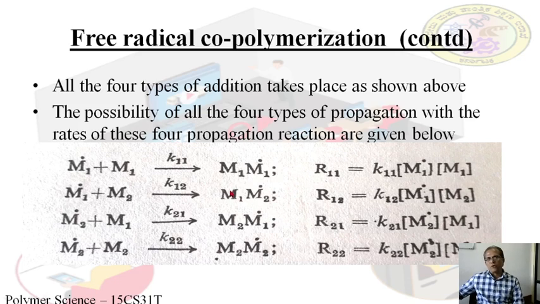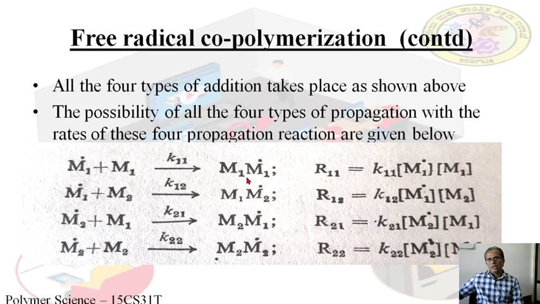The possibility of all the four types of propagation, with the rates of these four propagation reactions, are given below. M1 dot plus M1, the rate of this propagation is denoted by K11.